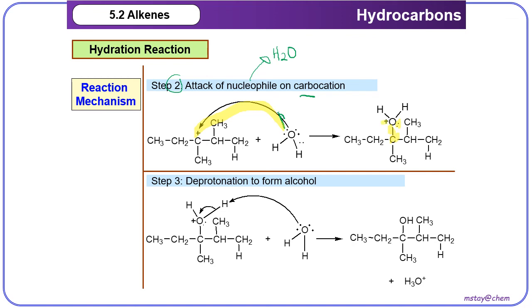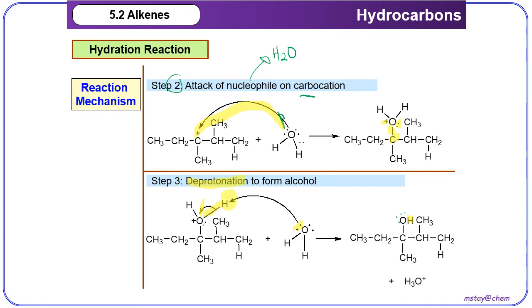Next, step 3 is deprotonation. As we know, we are going to remove H plus. How will the H plus be removed? Also by the nucleophile, which is the water: the lone pair electrons move and are given to a hydrogen. The bond between hydrogen and oxygen will break heterolytically and the oxygen will gain the electrons. Therefore, the oxygen now has 2 lone pairs and only 1 hydrogen left.